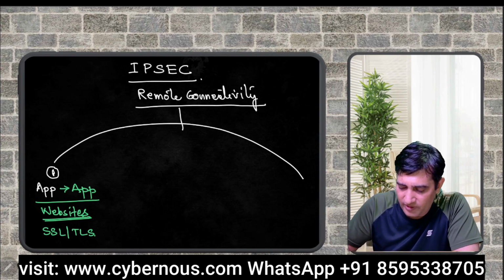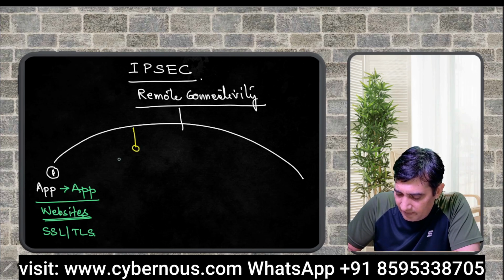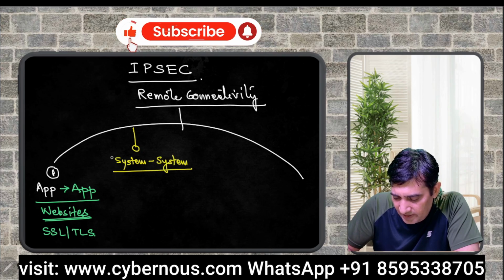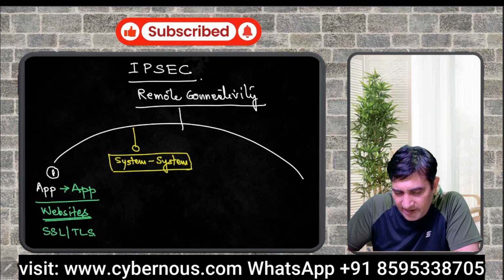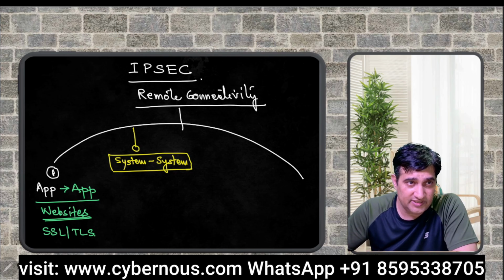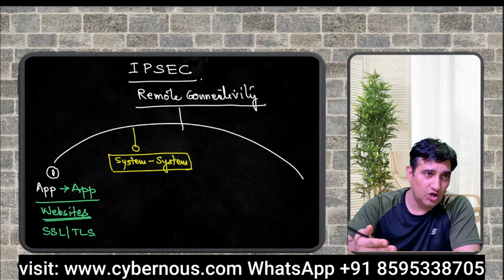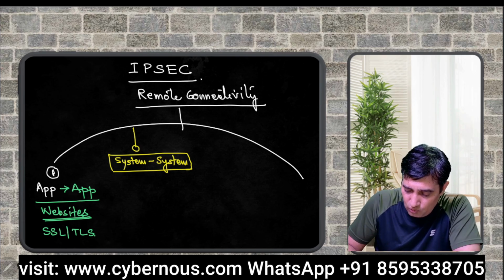Another remote access you might have also witnessed is when you are connecting a particular system to another system. Let's say you have created an Azure virtual machine and you want to connect from your PC to the Azure environment, to your virtual machine. You can do it in two different ways.